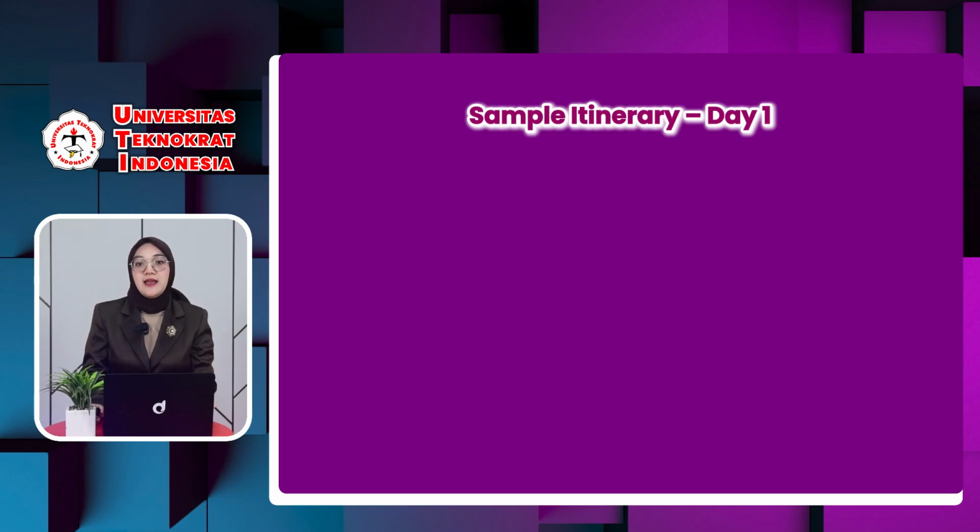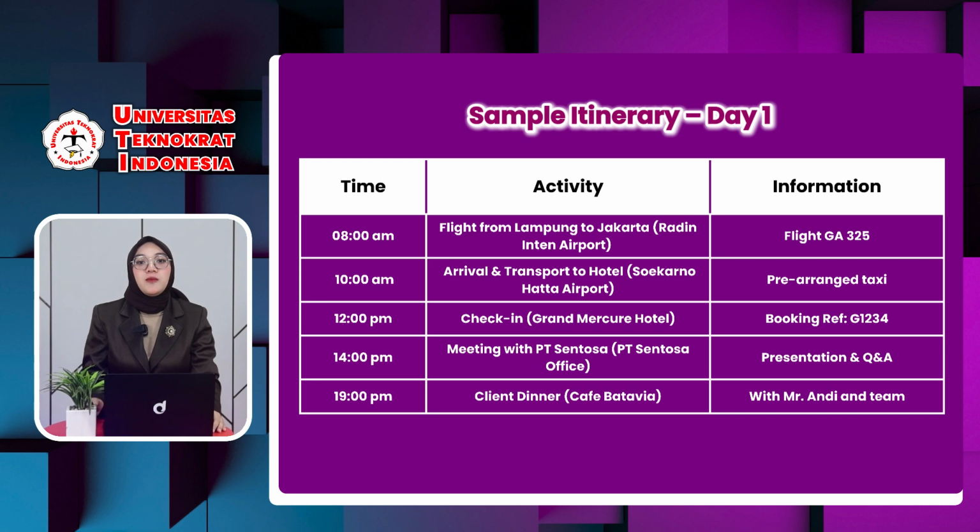For example, at 8 a.m., flight from Lampung to Jakarta from Raden Intan Airport. And this is the specific flight, for example, the code is GA325. And then at 10 a.m., arrival and transport to the hotel, for example, from Soekarno-Hatta Airport, by pre-arranged taxi. Make it specific.